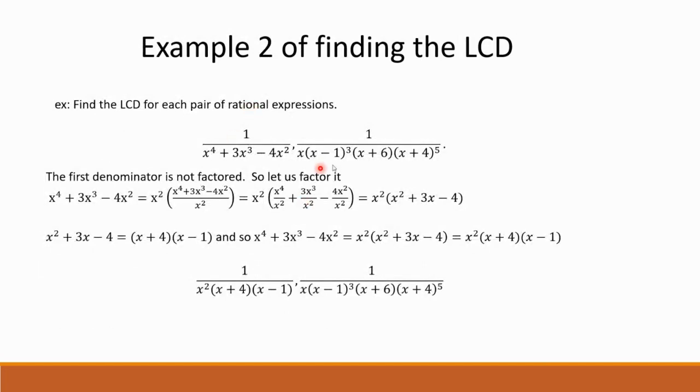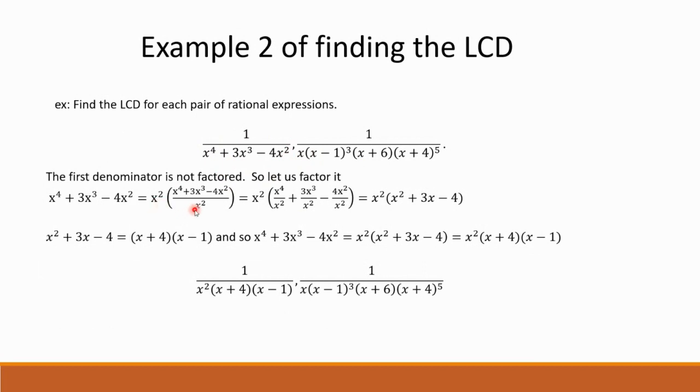Let's find the LCD of these two. Now notice the first denominator, right? It's not factored. Well, here we have to factor it, although it doesn't look that bad. For instance, x squared is the smallest power of x, so we're going to factor it out and put it in front.